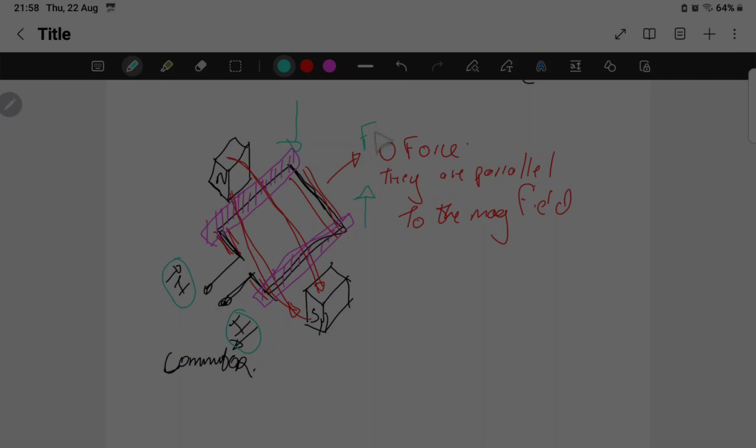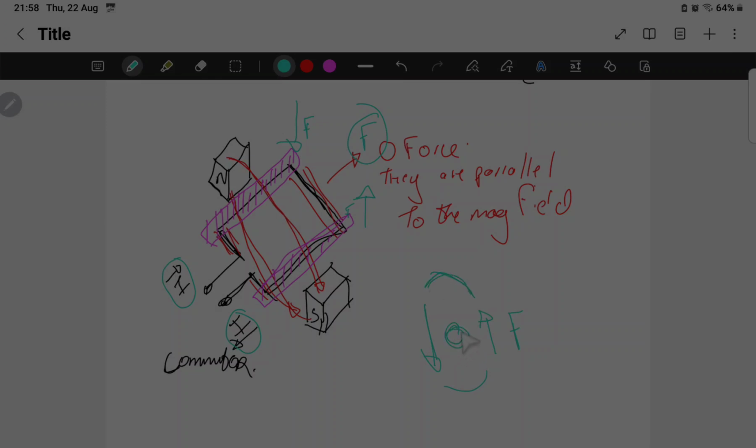Because there's a force going down and a force going up, what we have is a rotation.